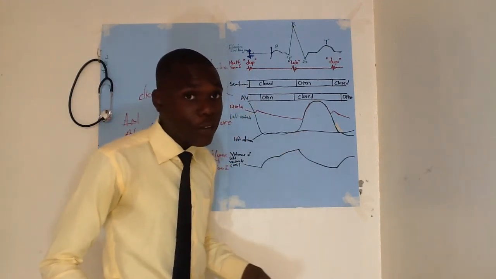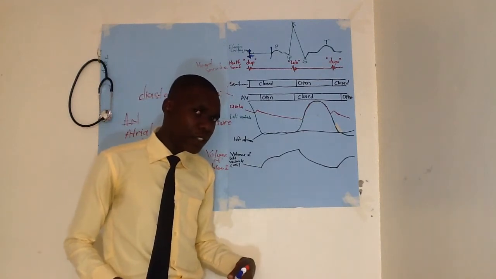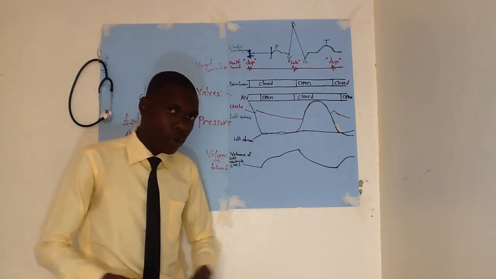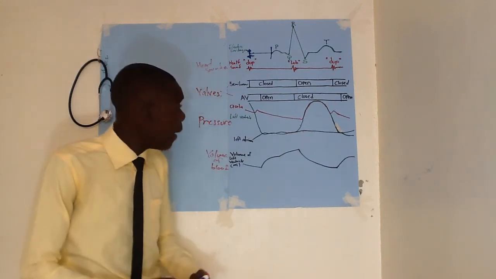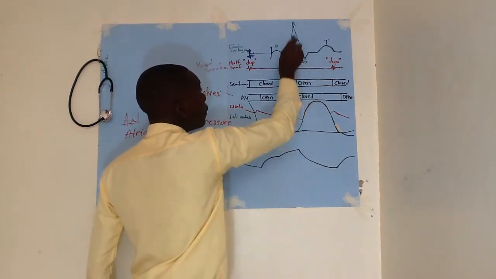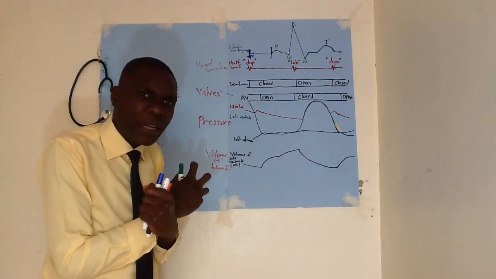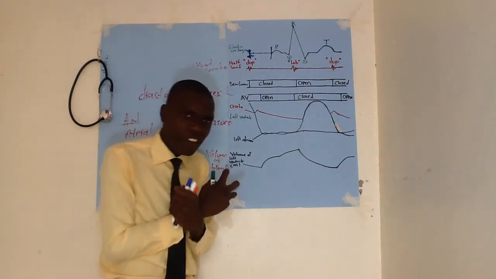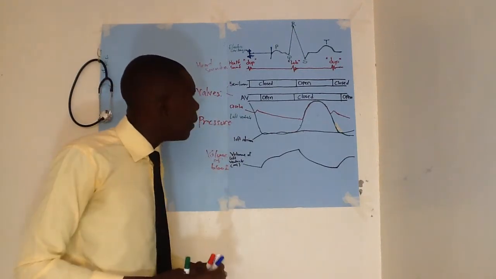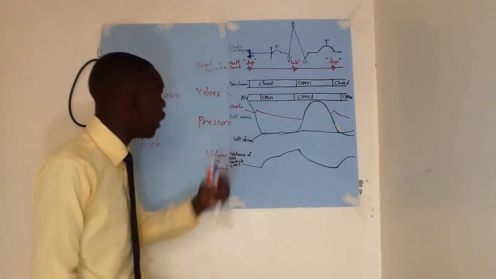As the valves between the atrium and the ventricles are being closed, they will make that sound, lub. So that's where this sound comes in. I think you can see at this stage. It happens when the ventricles are contracting. So ventricles contract, making the pressure inside the ventricles higher than the pressure in the atrium, hence forcing the atrioventricular valves closed, making that sound lub as they try to avoid regurgitation of blood into the atrium.